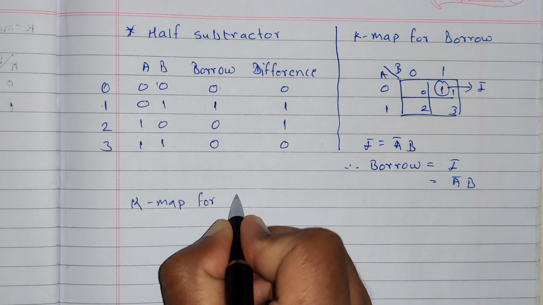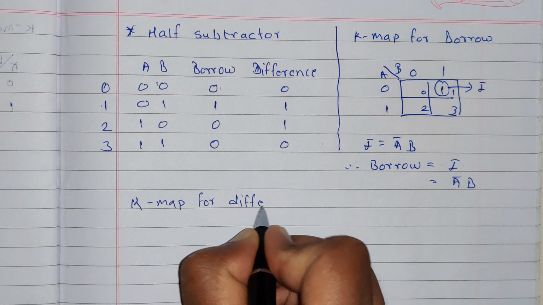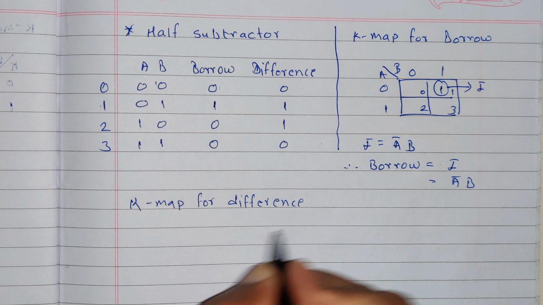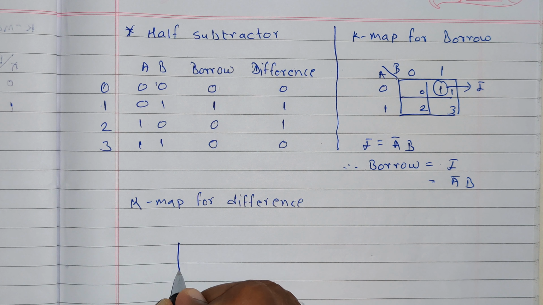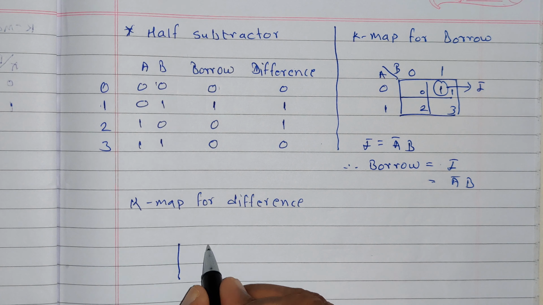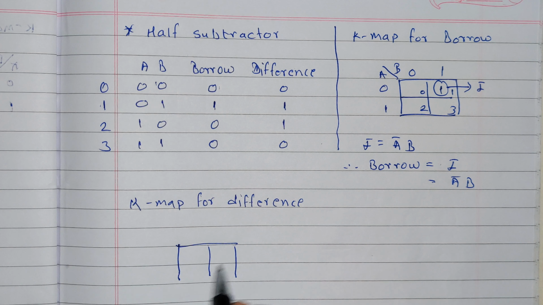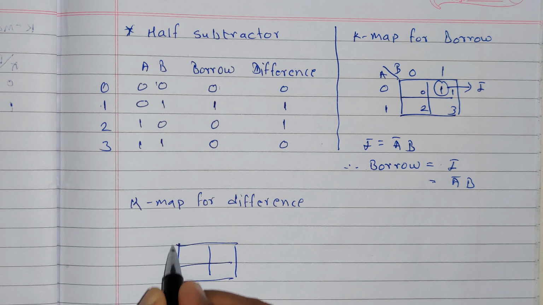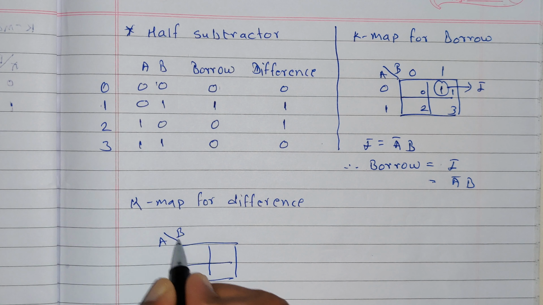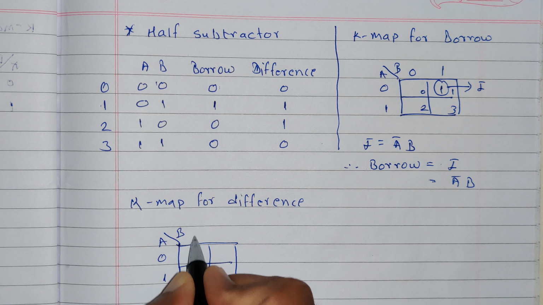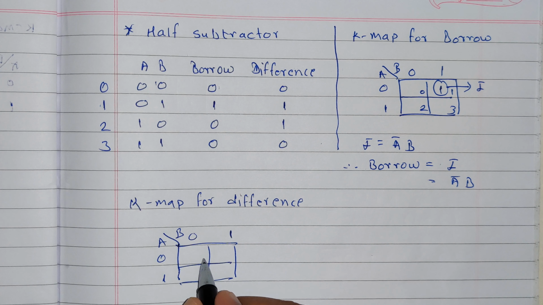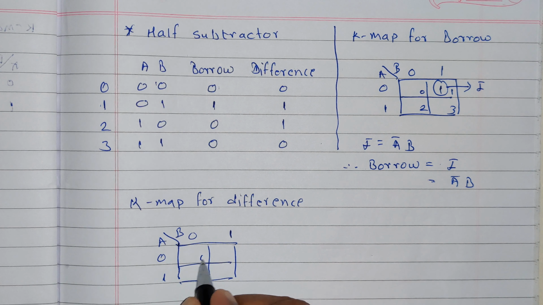Okay, now let's solve the K-map for difference. Again we will need a two variable K-map, with variable names AB, values 0 1 0 1, and cells 0 1 2 3.